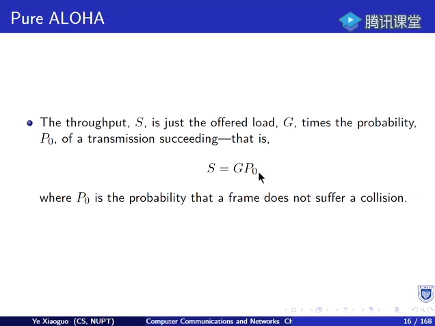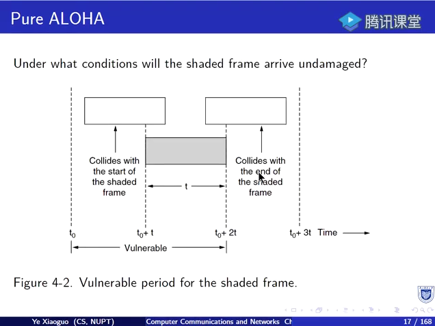Then what is P0? Can we determine the value of P0? So we modeled the transmitting system with this figure. Under what conditions will the shaded frame arrive undamaged?